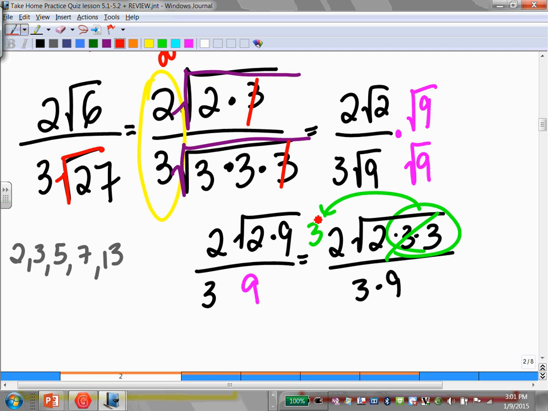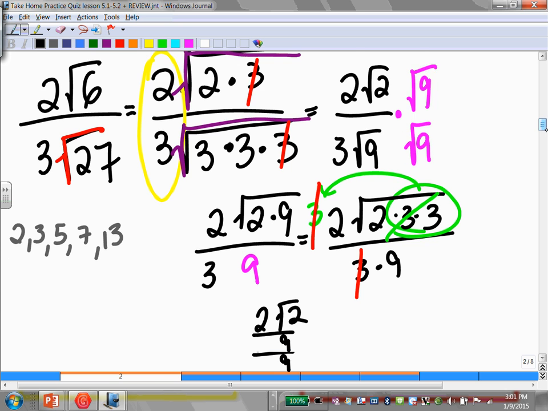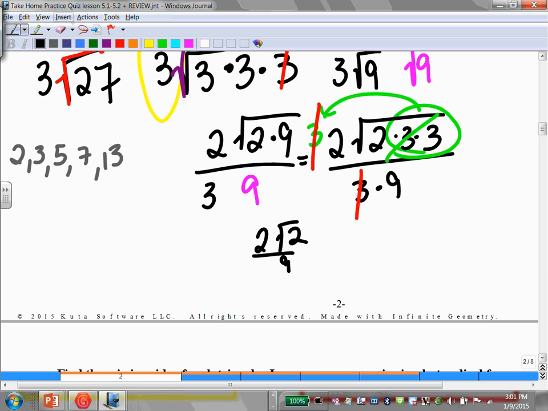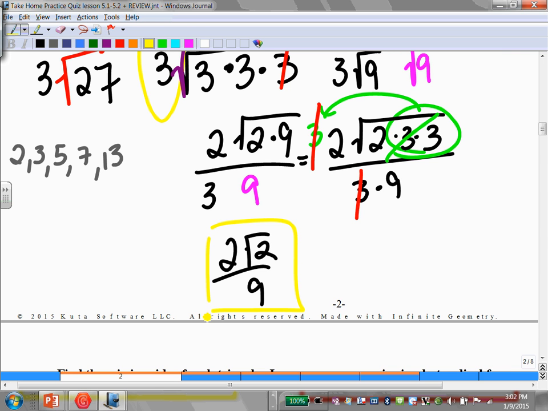Now that 3 coming out now cancels with that 3. Final answer, 2 root 2 over 9. That's your final answer for that problem.